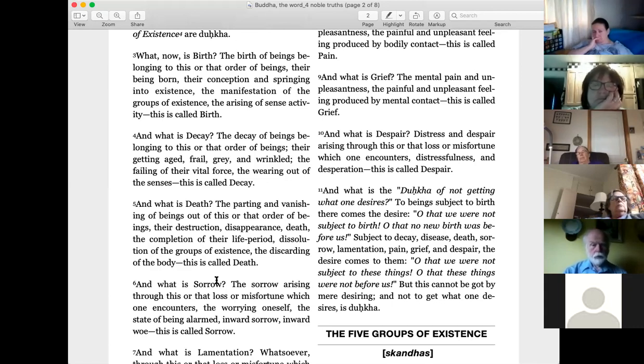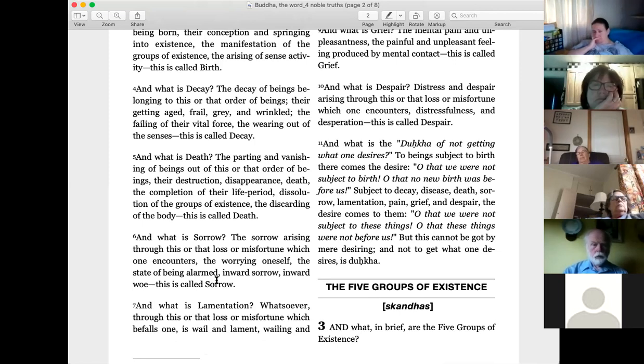Then we have decay of beings belonging to this or that order of beings. They're getting older, becoming frail, getting wrinkled. All of the things that are involved with getting older are lack of energy and the wearing out of our senses, some more than others.